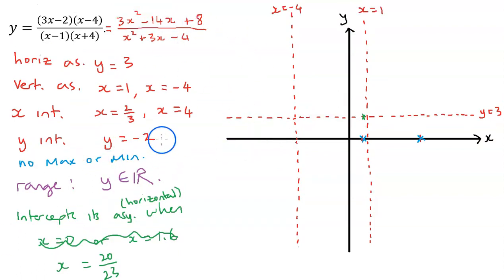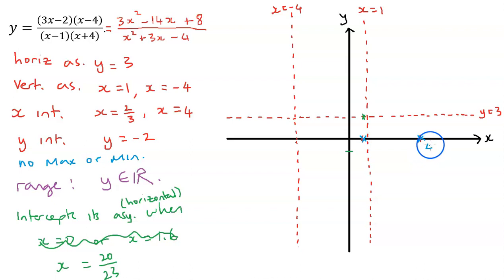Okay, moving along, we also have a y-intercept when y equals -2. So that should be about there. And what else do we have? I think that pretty much covers everything. And I guess we should go ahead and label all those points.